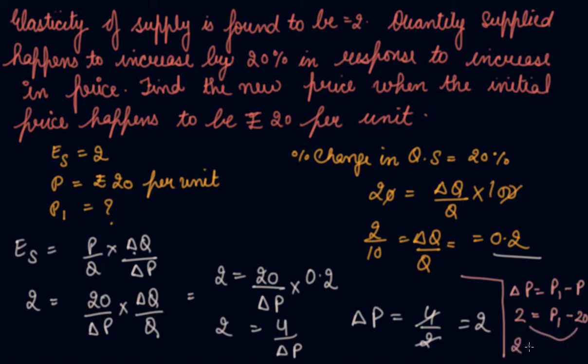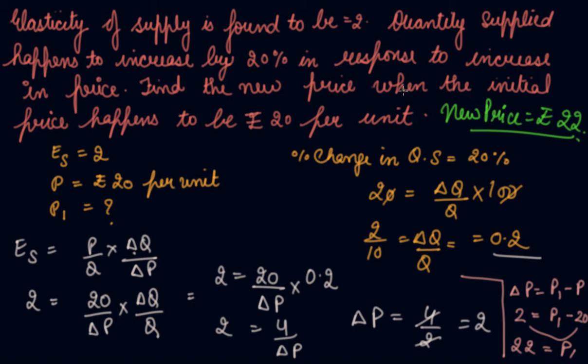So it becomes 2 plus 20, that is 22, P1. So your new price is rupees 22. This is how you have to calculate the elasticity of supply numericals.